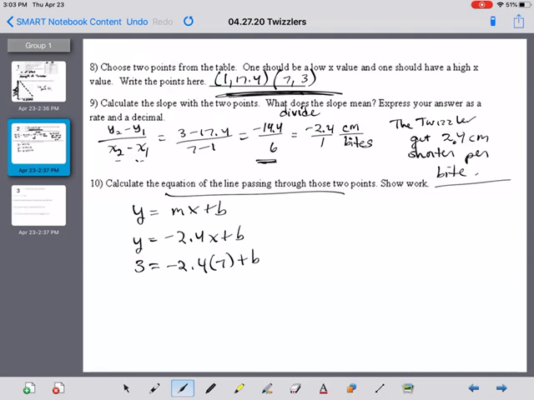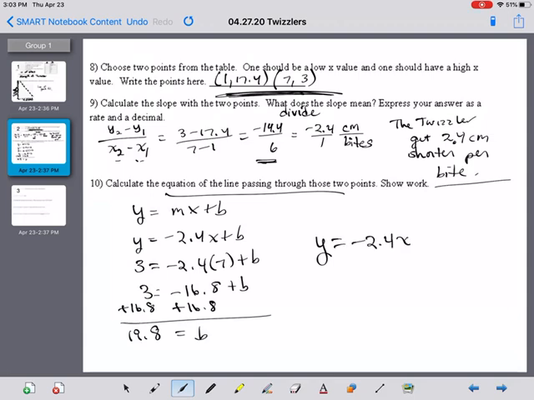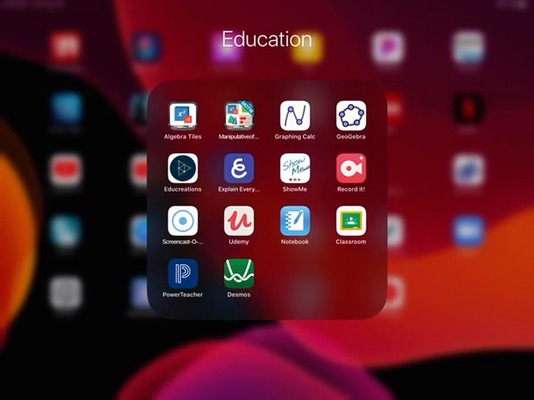Okay, now you're going to multiply. -2.4 times 7 is -16.8. And we want to get b by itself. So you add 16.8 to both sides, 19.8. So now the equation is y = -2.4x plus 19.8.